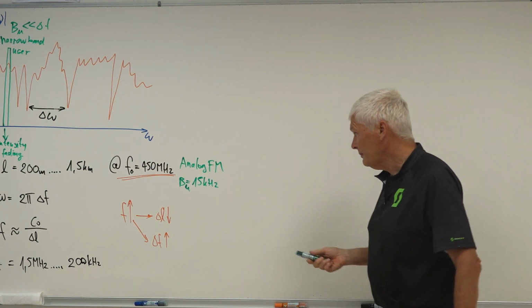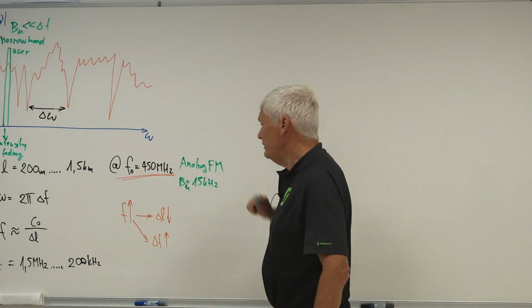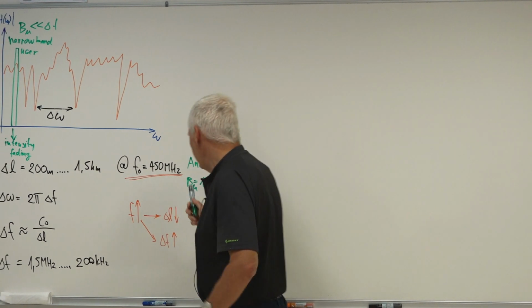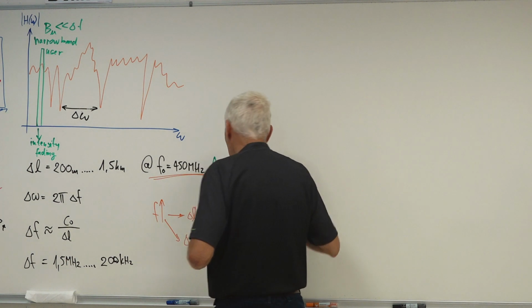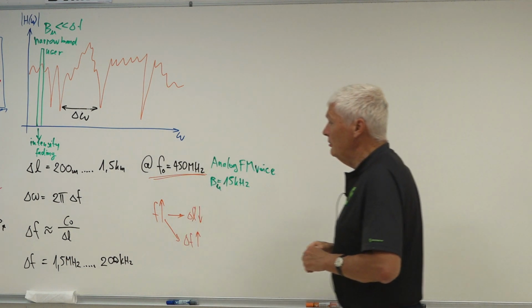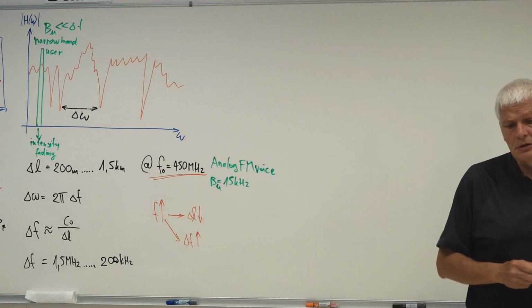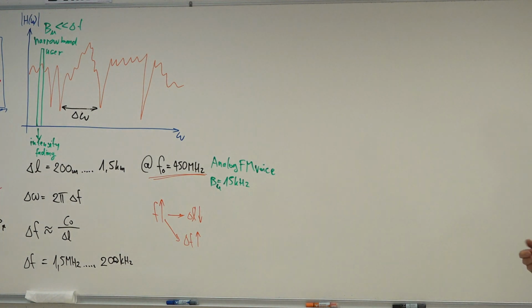Now, 15 kilohertz was a given figure for analog frequency modulation, for voice transmission. Users do not only have voice transmissions, users may have broader band signals.